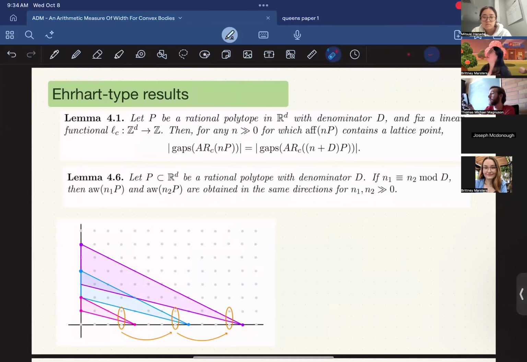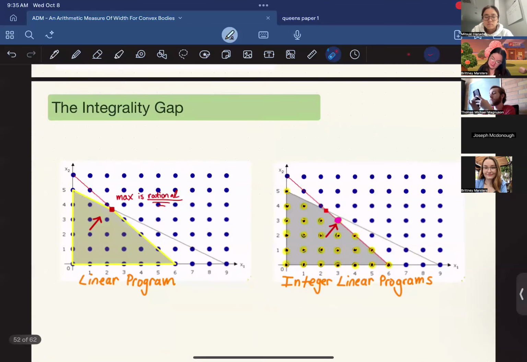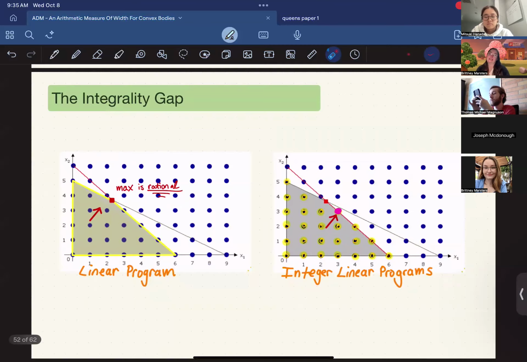Now, we've talked about gaps from the idea of polytopes, and we've talked about gaps from the ideas of commutative algebra, but there are gaps in discrete optimization as well that go beyond just lattice width. And one of those is called the integrality gap.